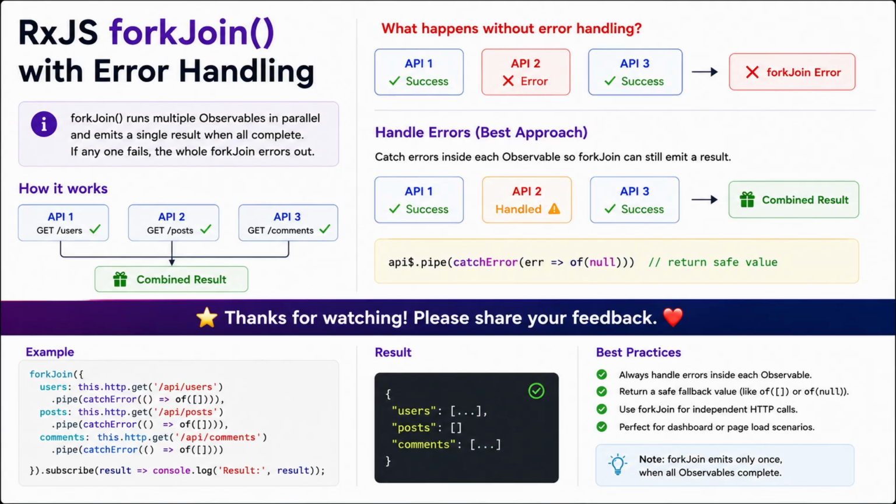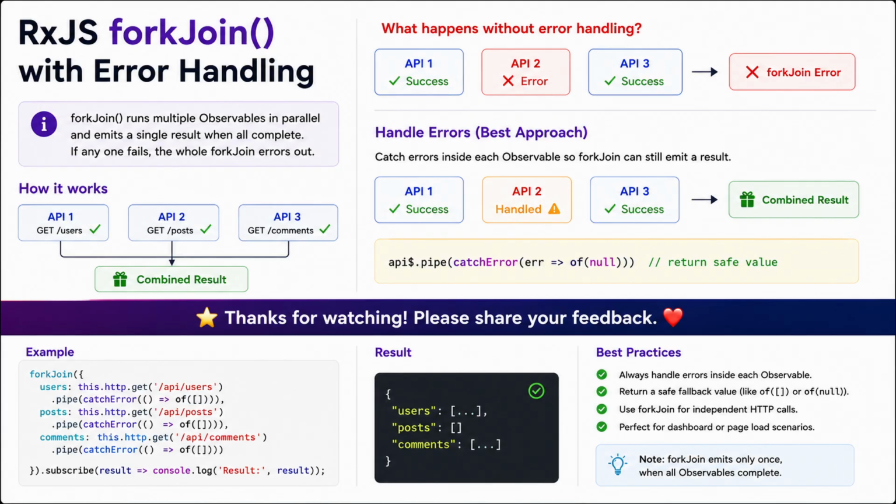With forkJoin, if any one of them fails, what will happen? Then nothing will execute. So we can return empty in this case. We can pipe catchError and return empty to avoid this case. Okay, if any one of them fails, then all the APIs will fail.